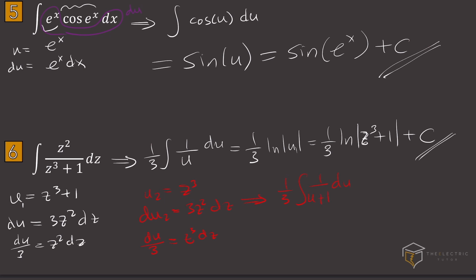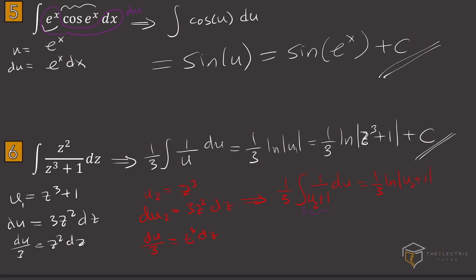And now when we see this integral, the integral of 1 over u plus 1, if you have a little bit of experience, then you can say, oh, this is easy. This is just 1/3 natural log absolute value of u plus 1. That's easy because there's a linear term in the denominator that we're integrating. But technically, in order to do this, you do have to apply u substitution, okay?